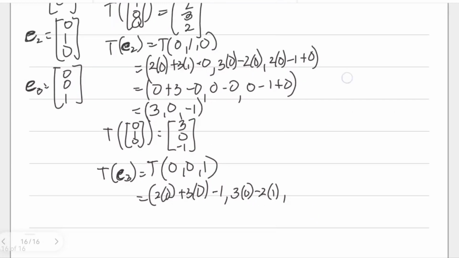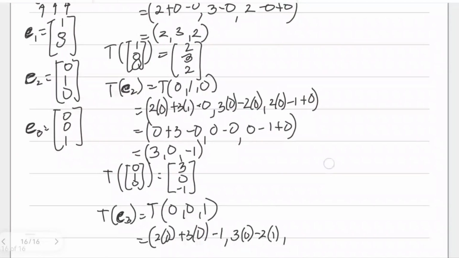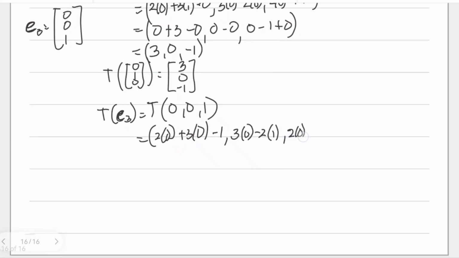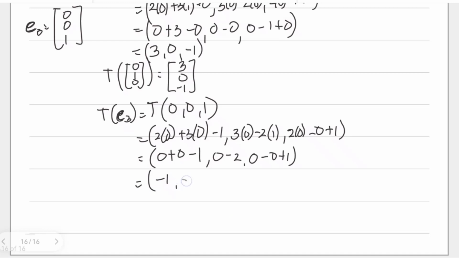And finally, 2x minus y plus z. So that's 0 plus 0 minus 1, 0 minus 2 times 1, and 0 minus 0 plus 1. So you have negative 1, negative 2, and positive 1. So our form here is: 0, 0, 1 is equal to negative 1, negative 2, and positive 1.